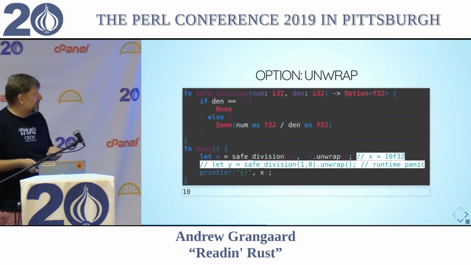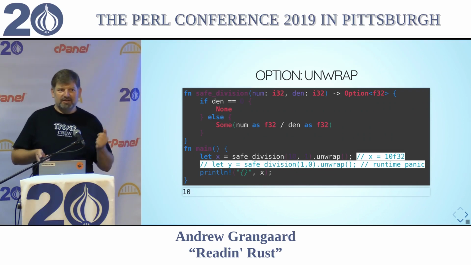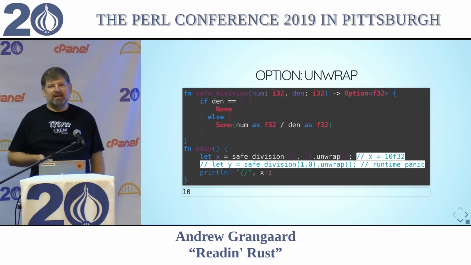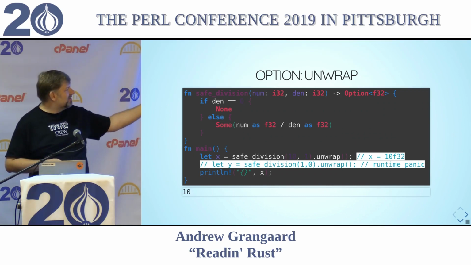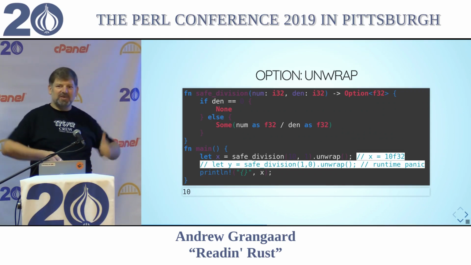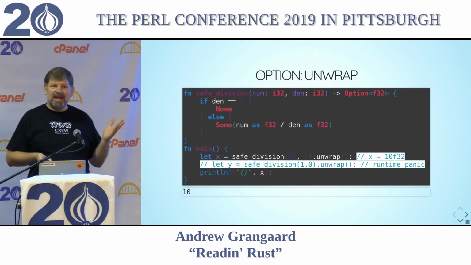Or you can use unwrap, which is sort of fun for when you're hacking, but it's basically, I give up, my hands. So it says, do this and unwrap it. If it's a value, pull it out, give it to me, I'll keep going. And if it's a none, explode. So you panic.